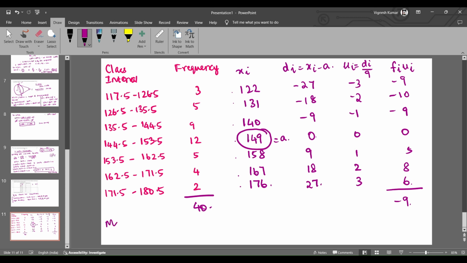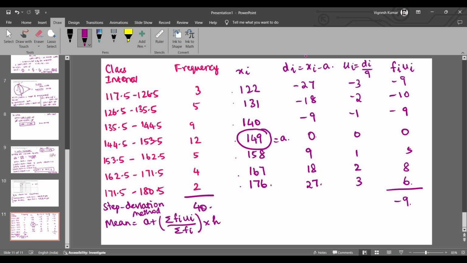So the mean is equal to the assumed mean plus summation of fi ui divided by summation of fi, into h, as this is the formula for the step deviation method which we have performed above.